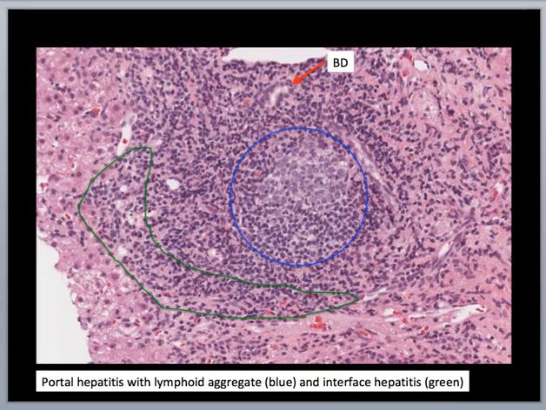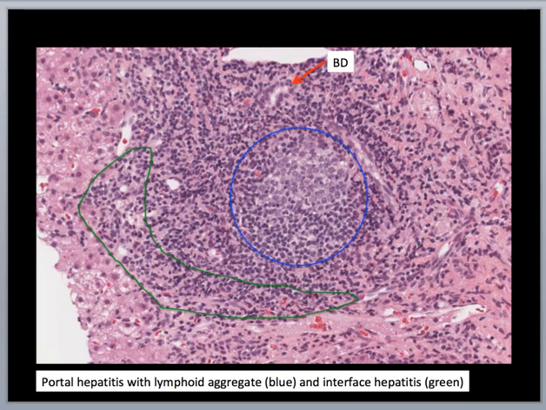Another feature of chronic hepatitis is the formation of lymphoid aggregates, sometimes even with germinal center formation in portal areas. And so the BD and the red arrow points to a bile duct, so we can identify this as a portal area.